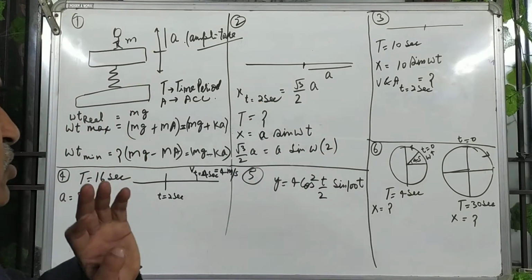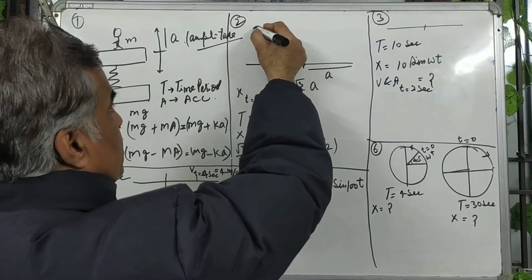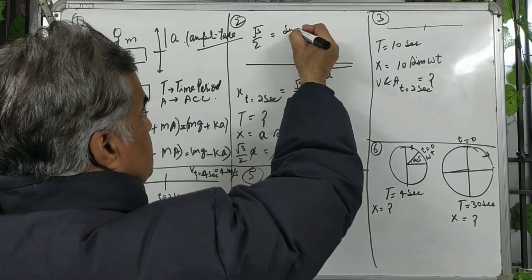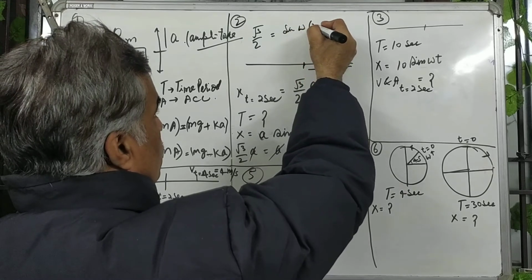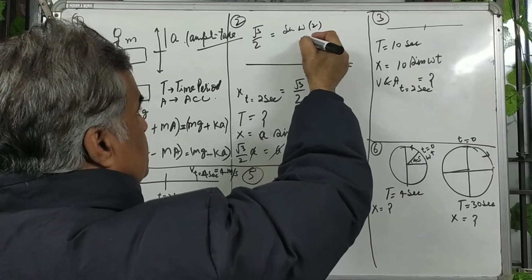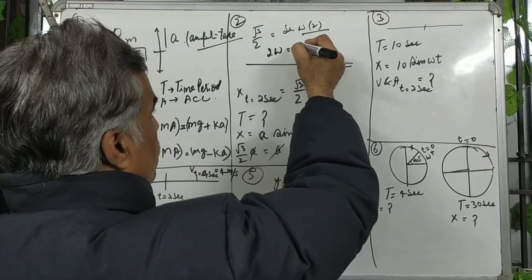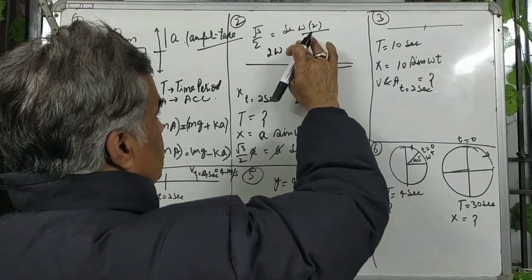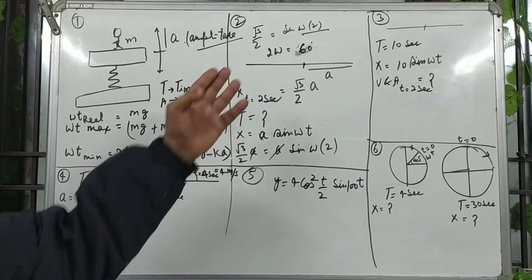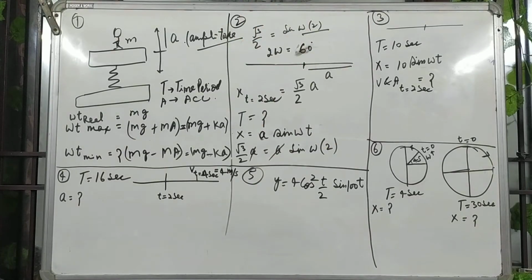On simplification, A and A will be cancelled. So root 3 by 2 equal sin of omega into 2. So twice omega equal angle theta, sin 60 degrees, which is root 3 by 2. So from this, when omega is 2 pi by T, you will substitute the value and you will find T.